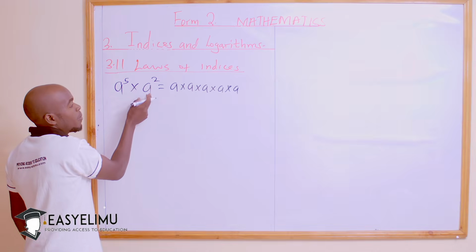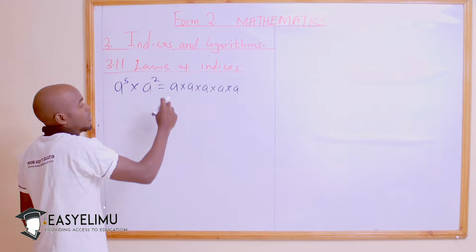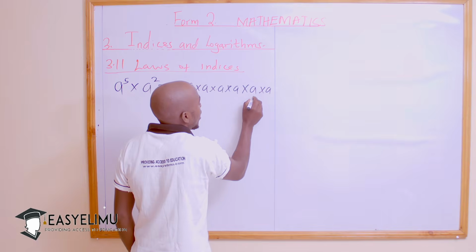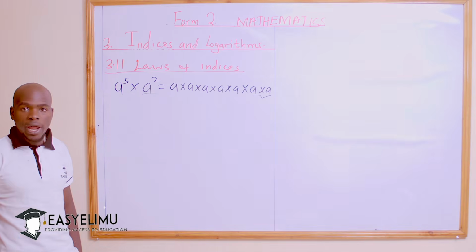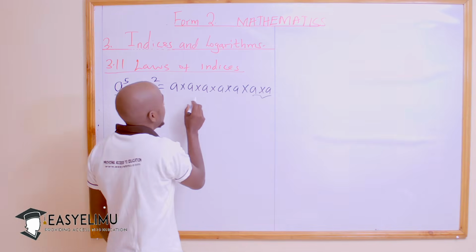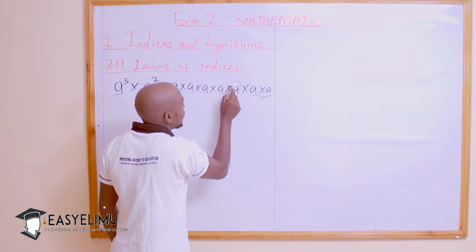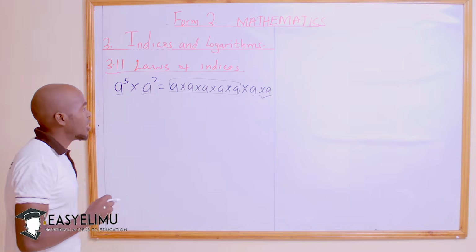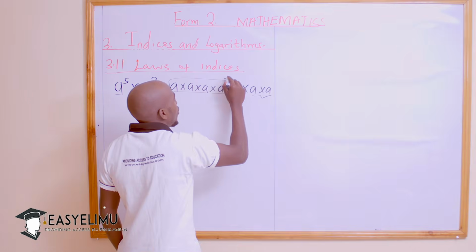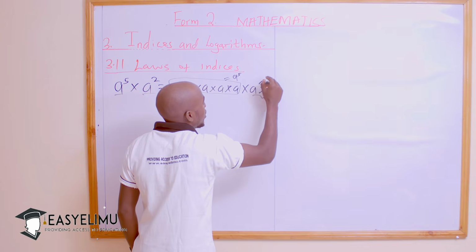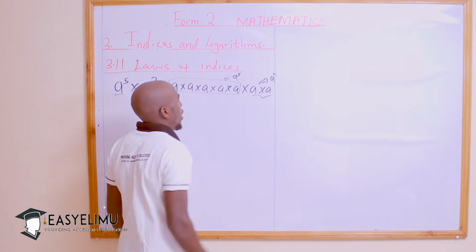Then you continue multiplying a twice. This one here represents a squared. And this a raised to 5 is the short form of writing a multiplied 5 times, and this one is what has been short formed to a squared.